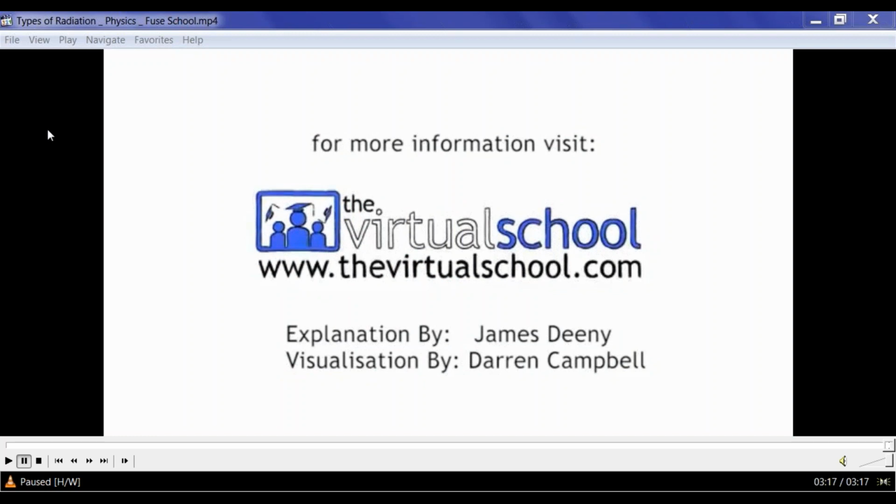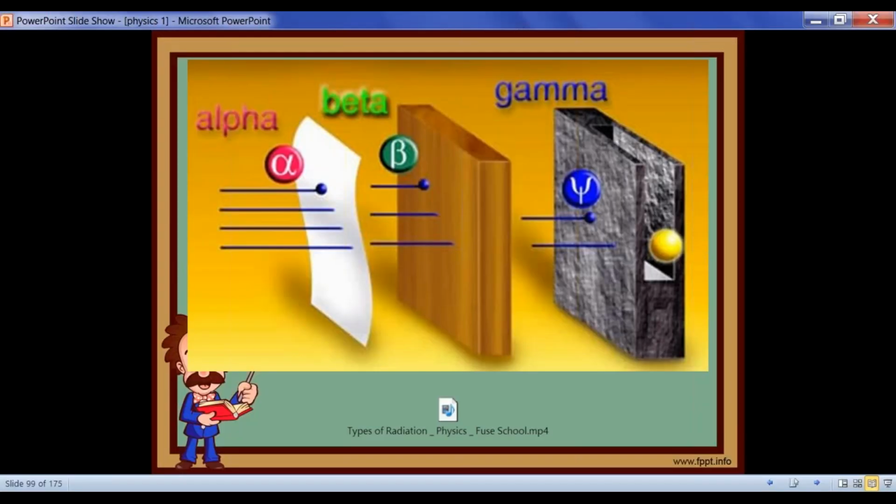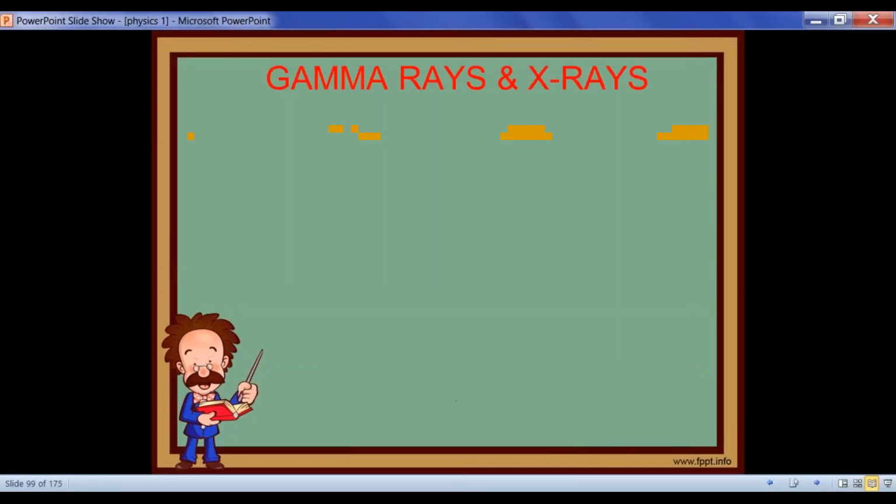So, yan po yung ating differentiation between alpha, beta, and gamma rays. So what is the difference between gamma rays and X-rays?